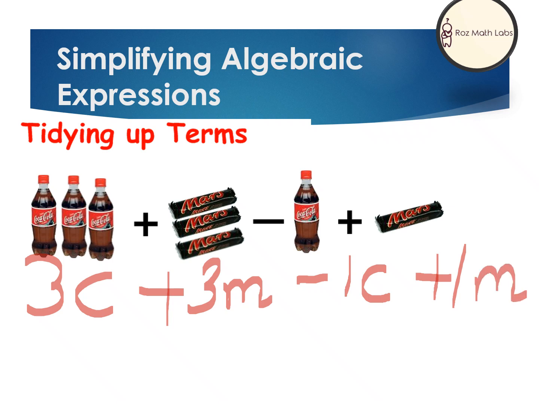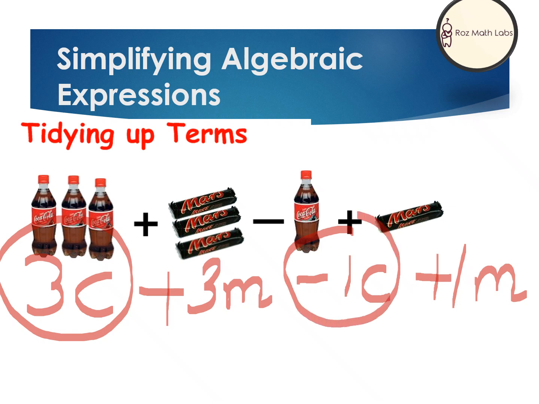Now let us add or subtract these terms by grouping the like terms together. We know that we can add the Coke with the Coke or subtract the Coke from the Coke. So when we group the like terms, I circle the 3c and minus 1c. 3c minus 1c gives me 2c.